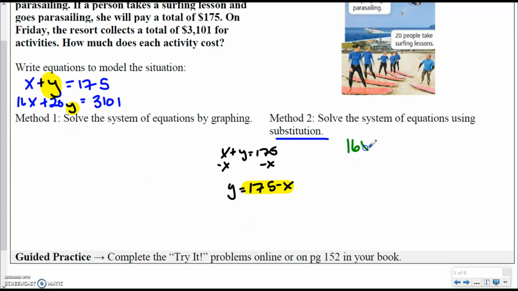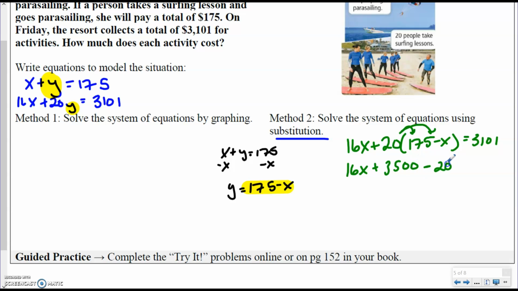So 16x plus 20 times 175 minus x, substituting that in, equals 3,101. Distribute, and 20 times 175 is 3,500, minus 20x equals 3,101.